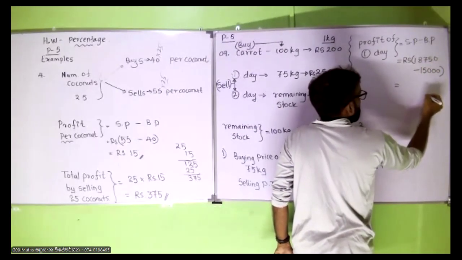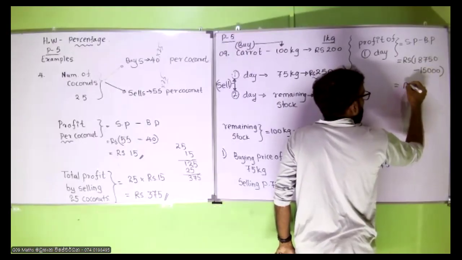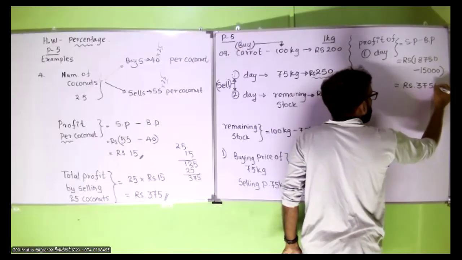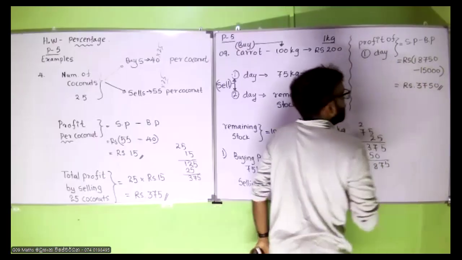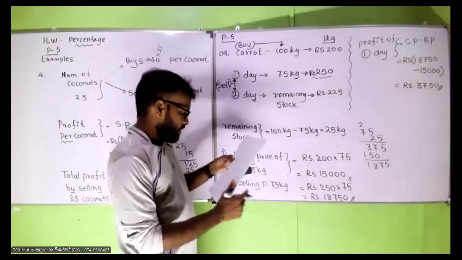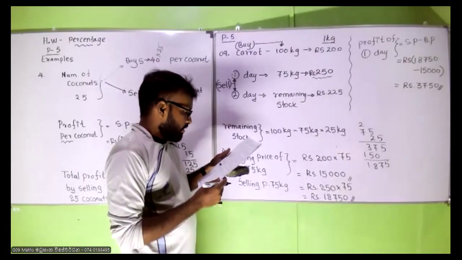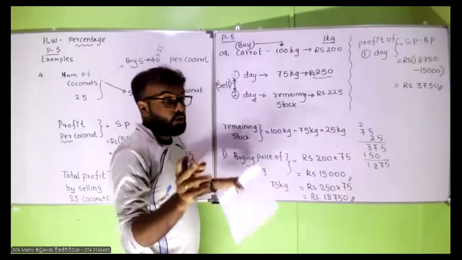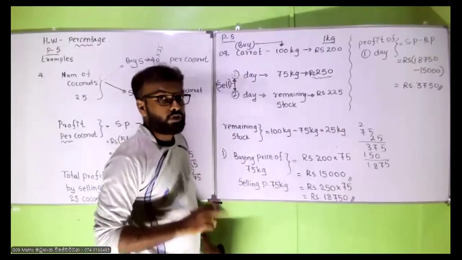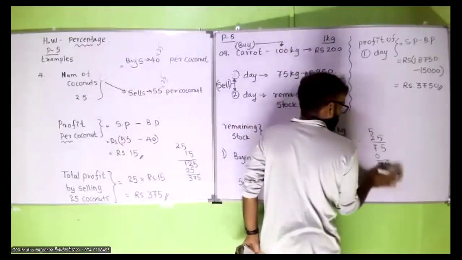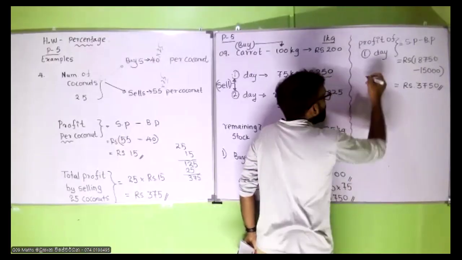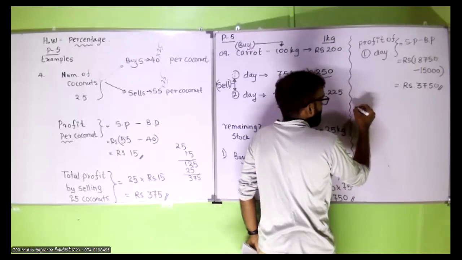So subtract. 3,750 is the profit for the first day. Correct? So then, in which day did he earn more profit? We have to calculate the profit of the second day as well. This is the profit of the first day.